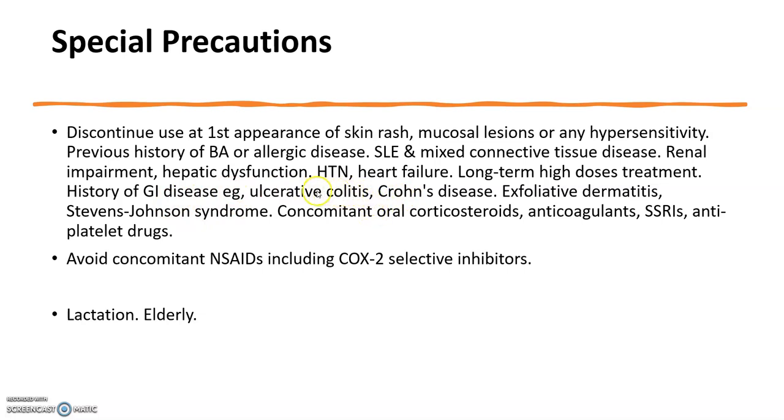We should also be careful if the patients are taking concomitant oral corticosteroids, anticoagulants, selective serotonin uptake inhibitors, which are the antidepressants, and also the antiplatelet drugs. Also try to avoid concomitant use of NSAIDs, including the COX-2 selective inhibitors such as celecoxib.